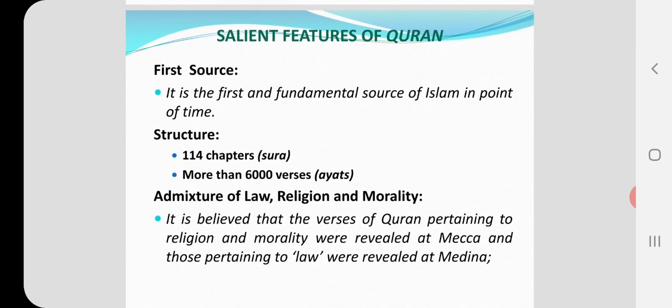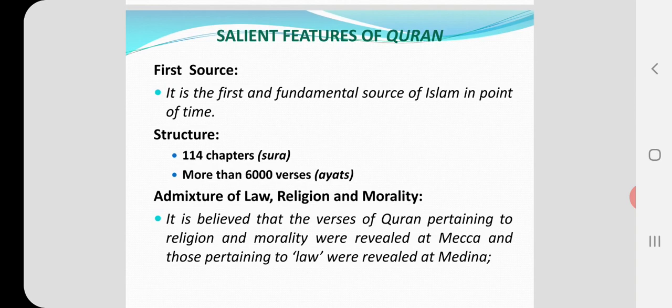Now the next salient feature is that it is the first source. Of course, the primary and fundamental source of Islam and Muslim law is the Quran, and that is why it is called the first and fundamental source of Islam and Muslim law in point of time.